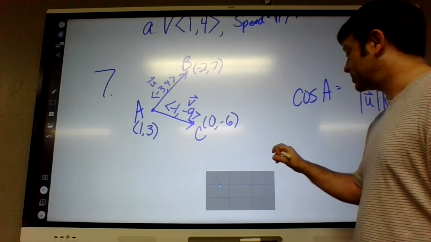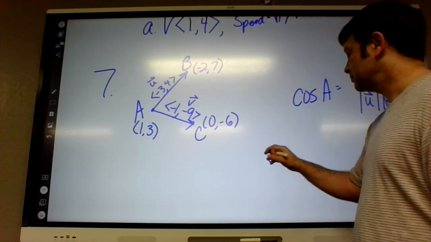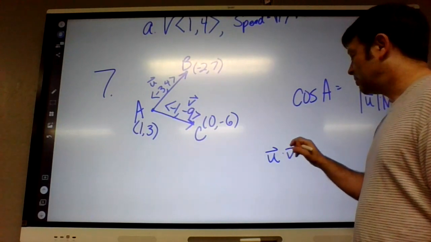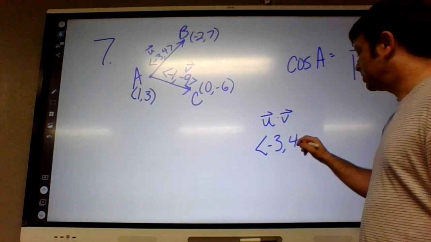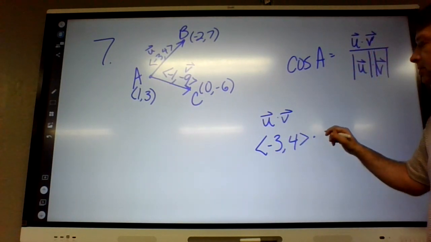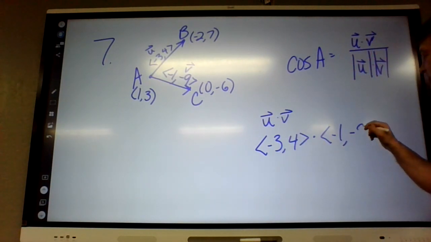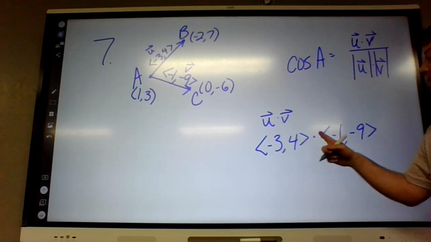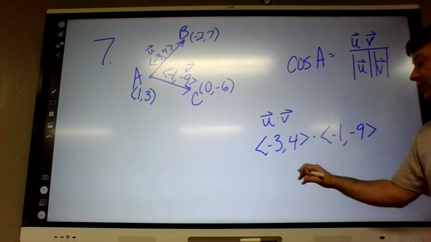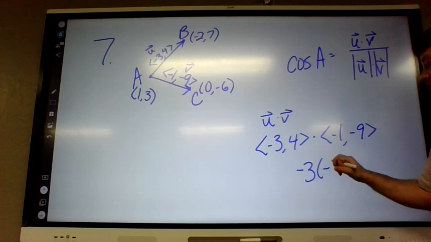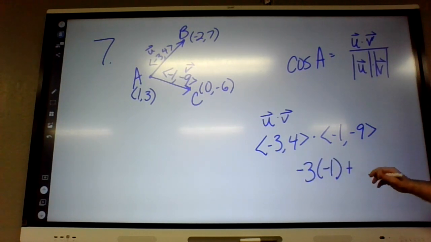You guys remember dot product? Alright, so it was not hard. This was not the hard part of the chapter. You just do x times x plus y times y. X times x plus y times y.